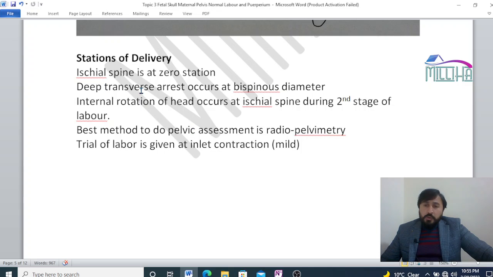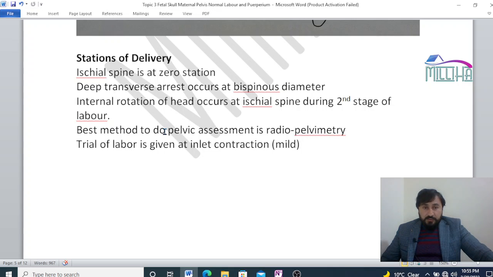So I will show you again. Ischial spine is at zero station. Deep transverse arrest occurs at bispinous diameter, because this is a small diameter, so here the head is stuck, so it's called deep transverse arrest. Internal rotation of the head occurs at ischial spine during second stage of labor.